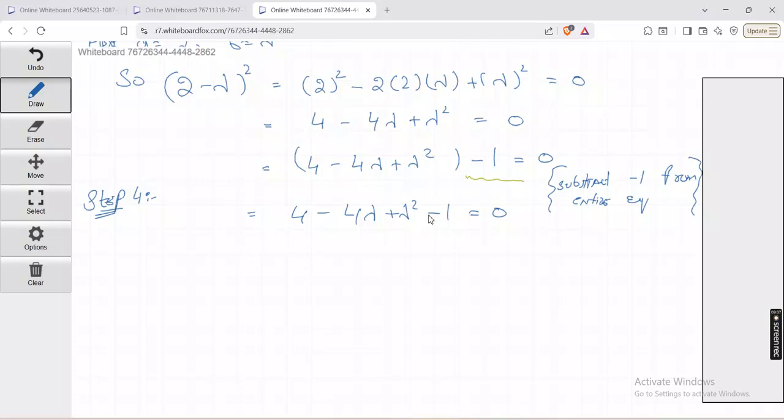And once you reach here, we can say that now we can rewrite it in standard form. And once you rewrite it in the standard form, what will you get?